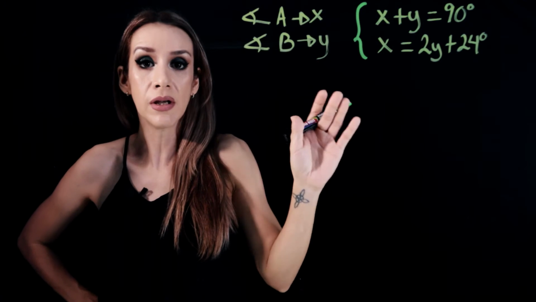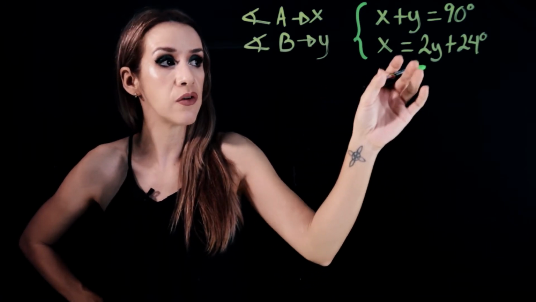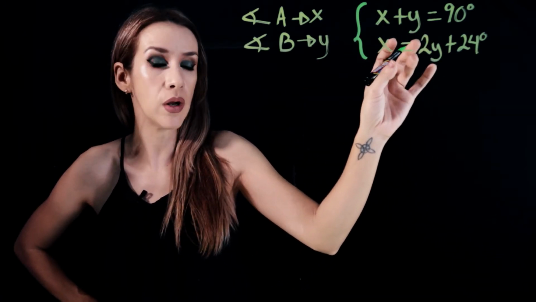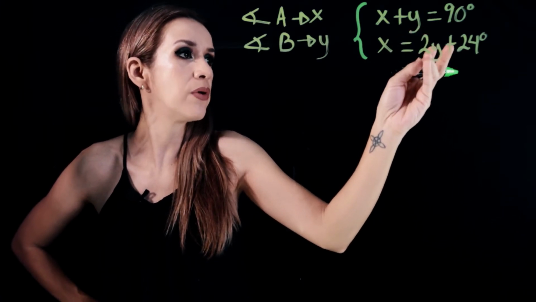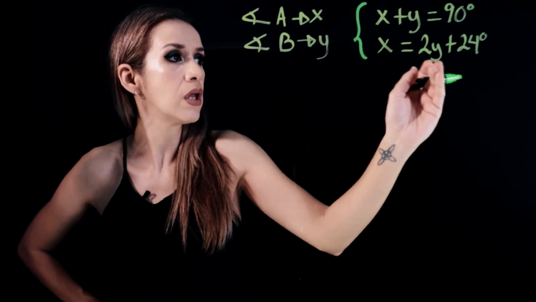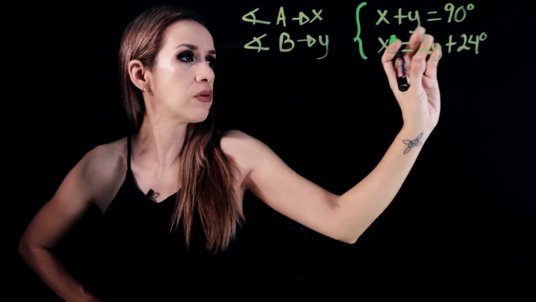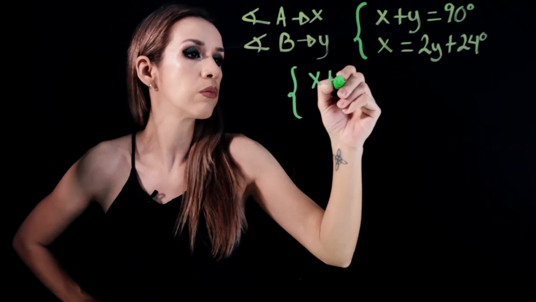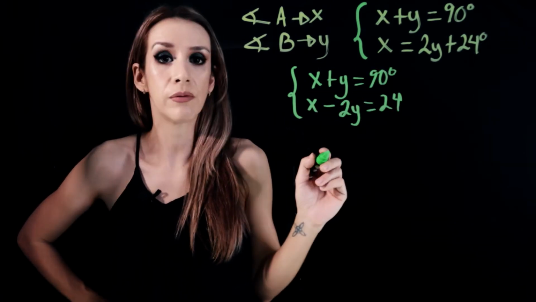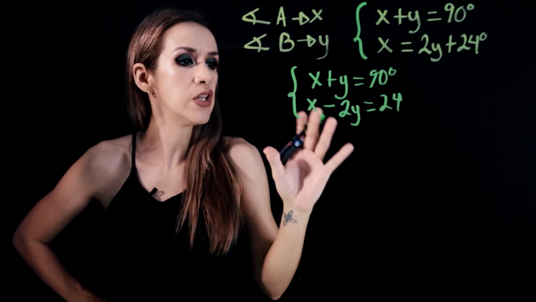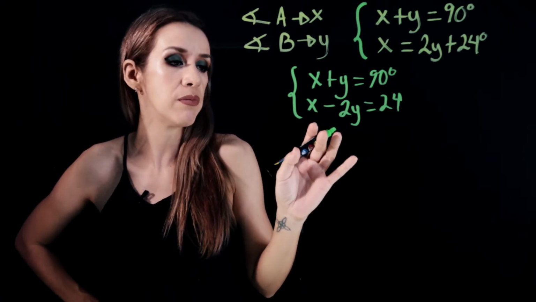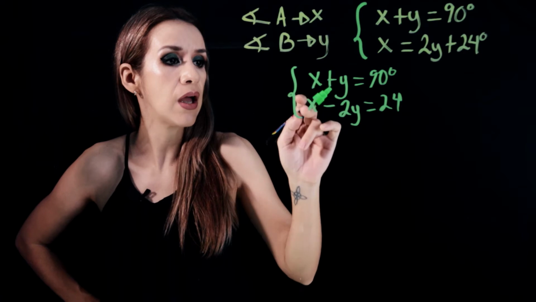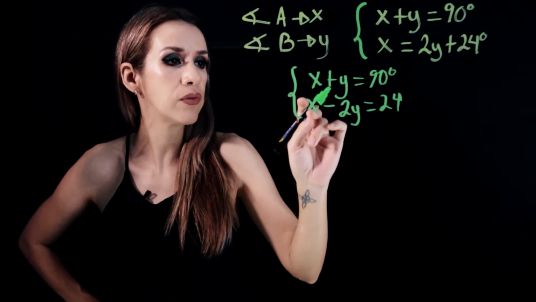Moving on. Now that I have my system of equations, I'm going to rearrange the second one to leave all the terms that have a variable on the left side of the equation and the number, this 24, on the right side. Ready? For this problem, I'm going to apply again the elimination method because I have a single x in each one of the equations.